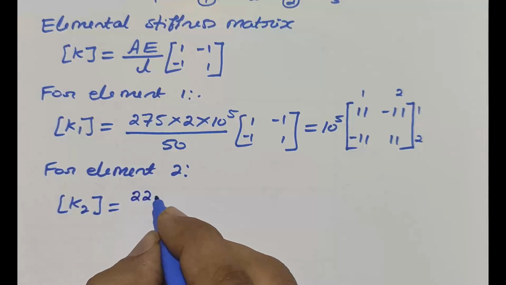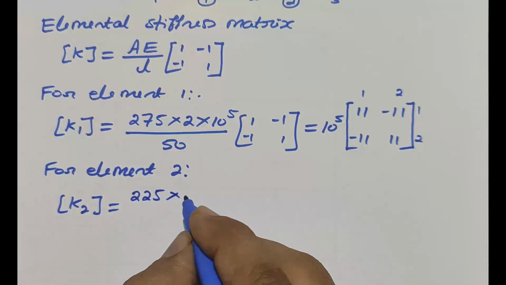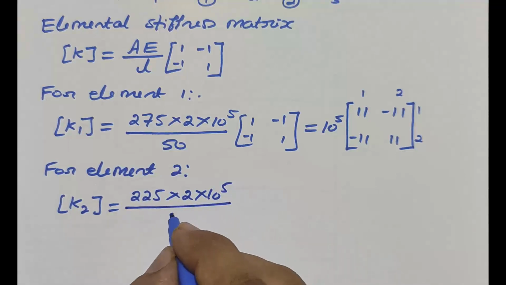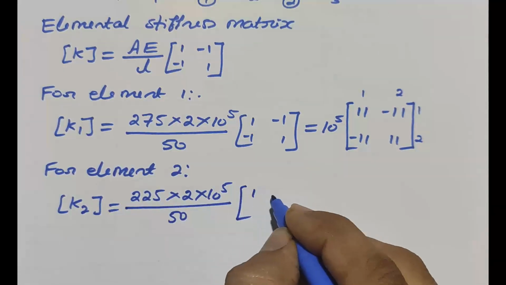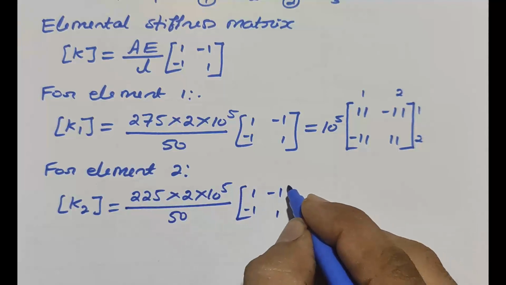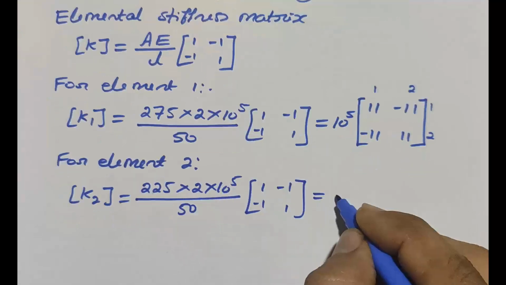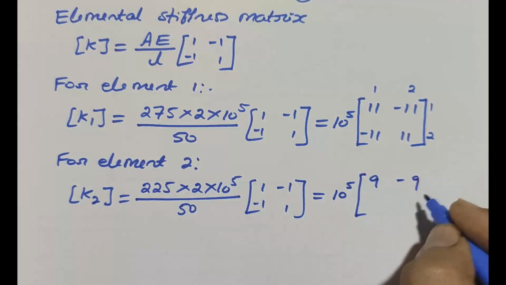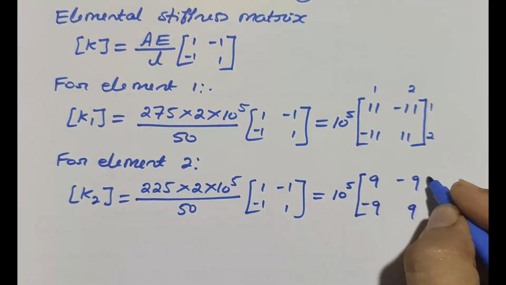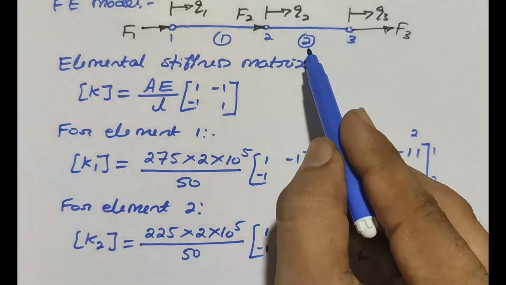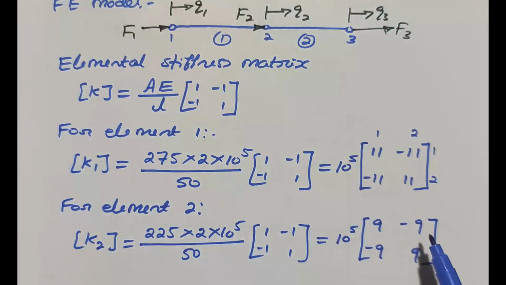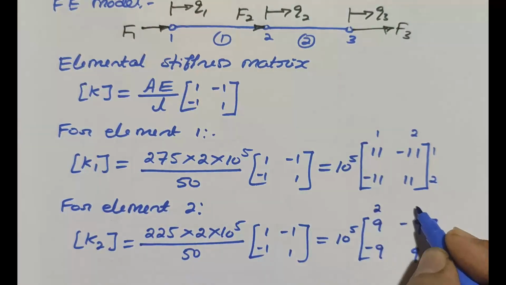So 225 into Young's modulus 2 into 10 power 5 Newton per mm square divided by length, it is 50, times [1 -1; -1 1]. So it will be 10 to the power of 5 outside, [9 -9; -9 9]. See element 2, it connects node number 2 to 3. So here the numbering is 2 3, 2 3.